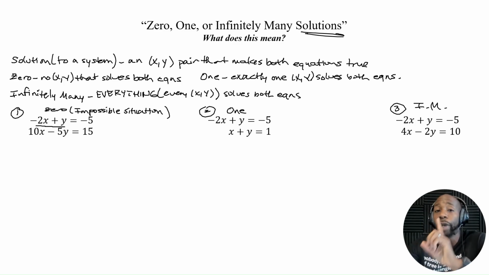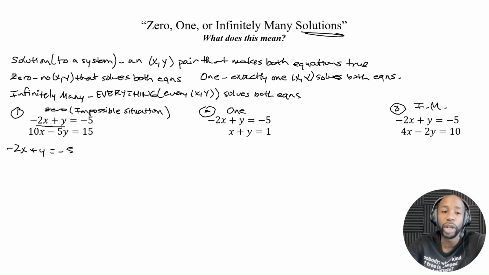Okay. So, what you want to do is start solving this system of equations. I'm going to begin solving this system using substitution. So, let's take -2x plus y equals -5. We're going to solve it for y. Y is the easiest one to solve for because it has no coefficient.